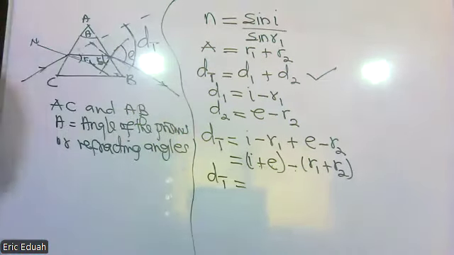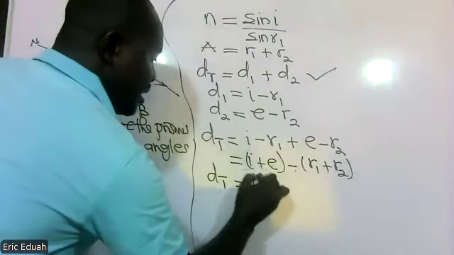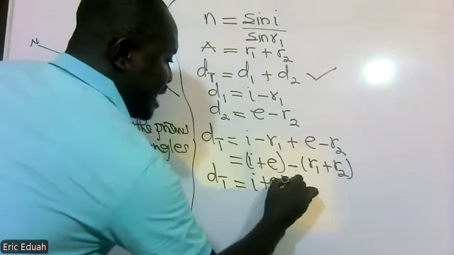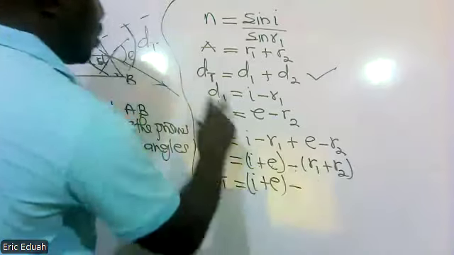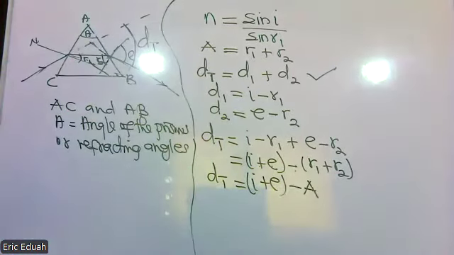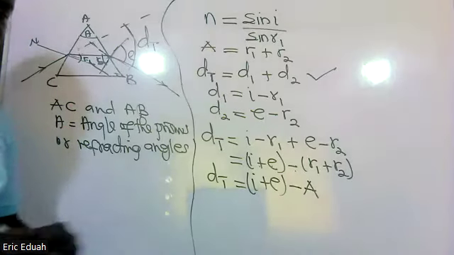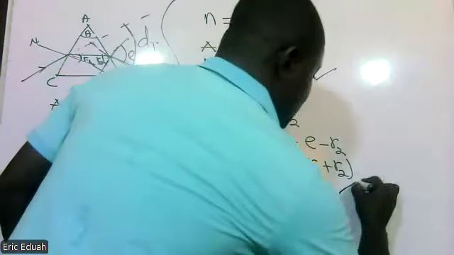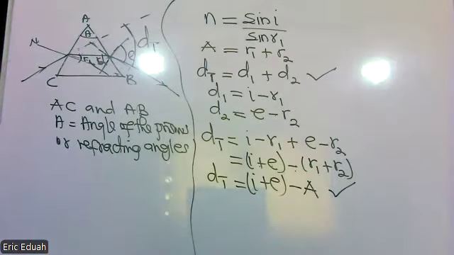And because R1 plus R2 is equal to A, we derive an expression for the total deviation to be equal to this. We derive this relation.